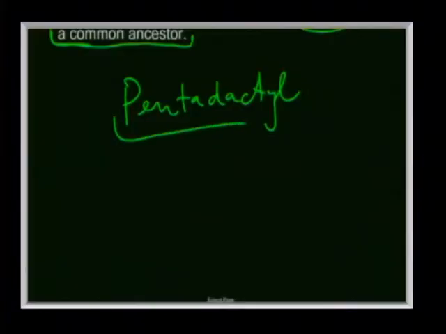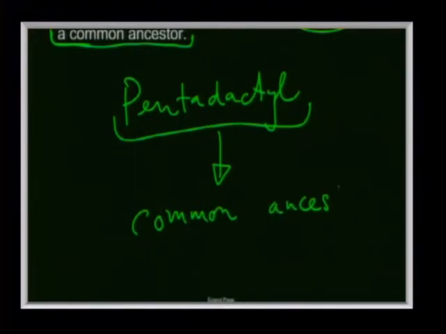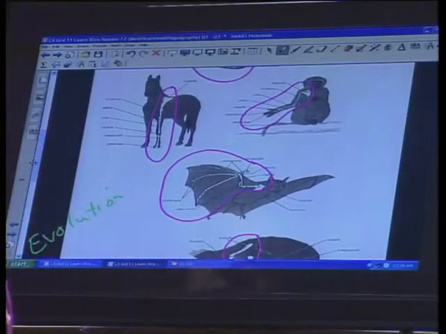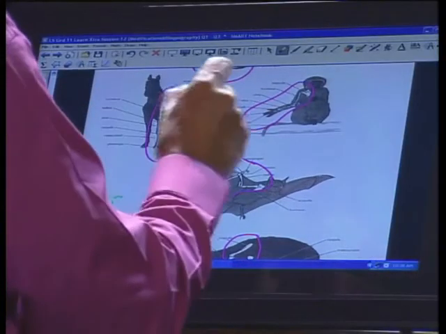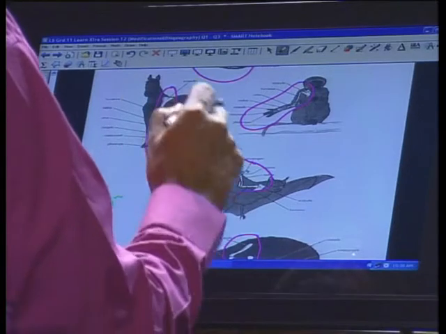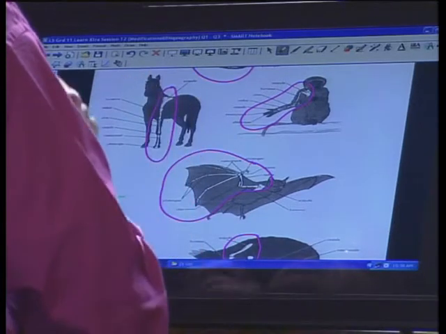So what does that indicate? The fact that they all have a pentadactyl limb basically means that they all come from a common ancestor. That is the most important aspect that Darwin relates these homologous structures to, as part of the evidence for evolution.